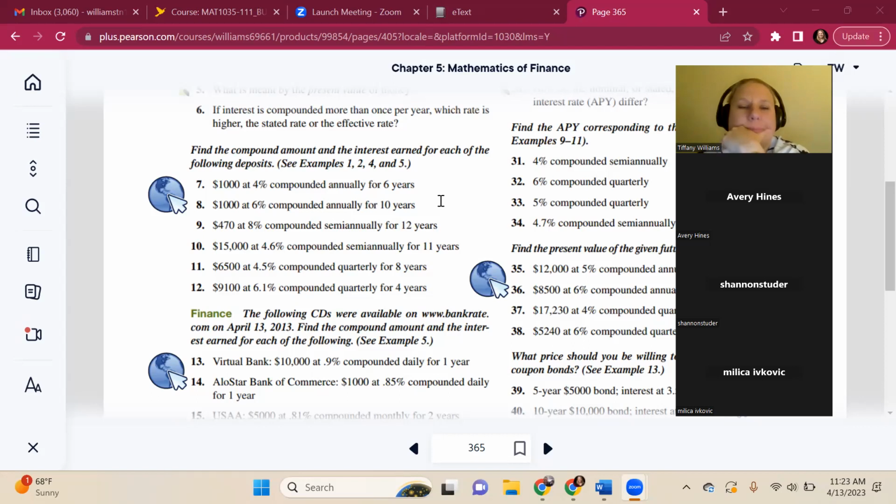What's our p-value for number 12? 9,100. Yep. And Trevor, you're exactly right. So we've got 9,100. Our rate is going to be 0.061 because we can't use percentages. We use the decimal equivalent. Compounded quarterly. What does that mean? What does that change?